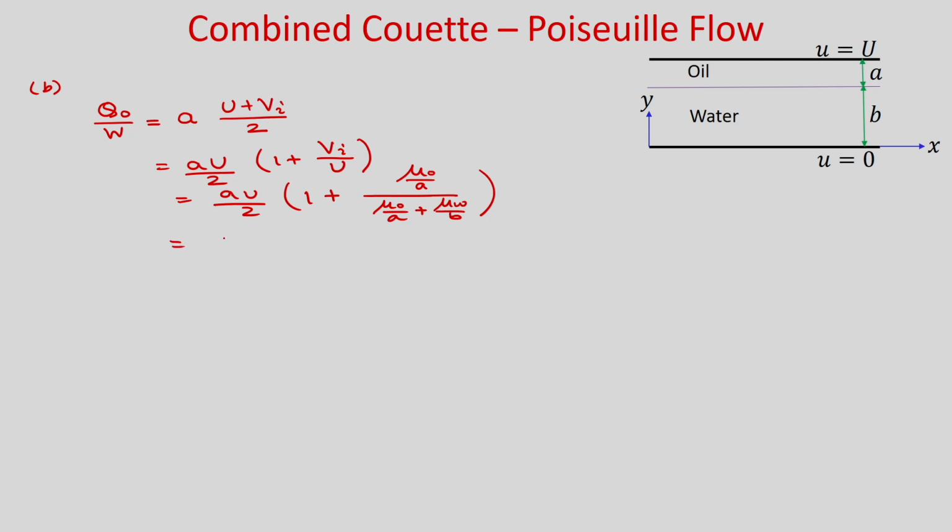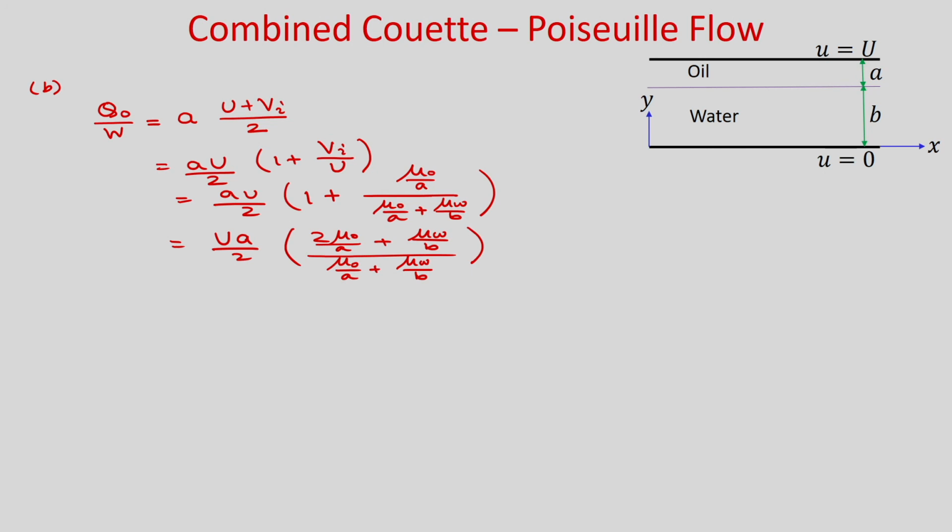So, this will be U A by 2 into (2 mu O by A plus mu W by B) divided by (mu O by A plus mu W by B). Okay. So, you can see this is the volumetric flow rate inside the oil layer.